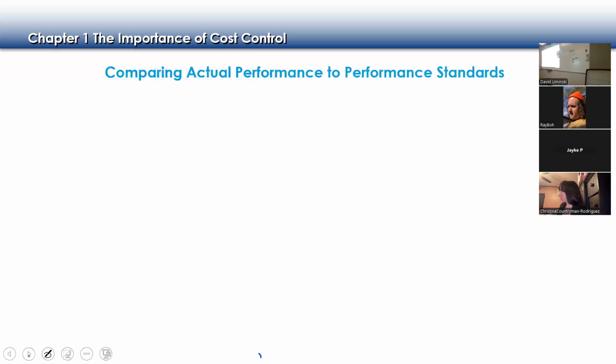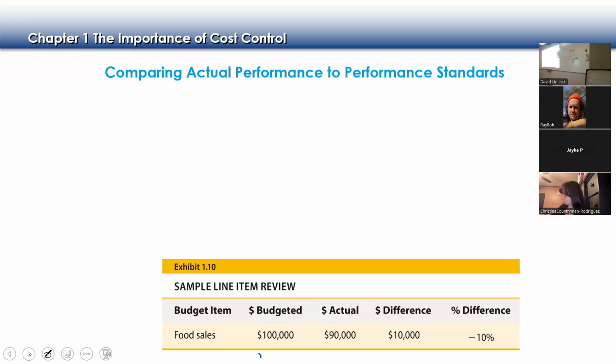All right. Now, we want to compare what we actually did to what our performance standard was. Okay. So our performance standard was we're changing it to only asking people if they want lemons, right? So we can look at what our actual performance is compared to what we had our standard be.